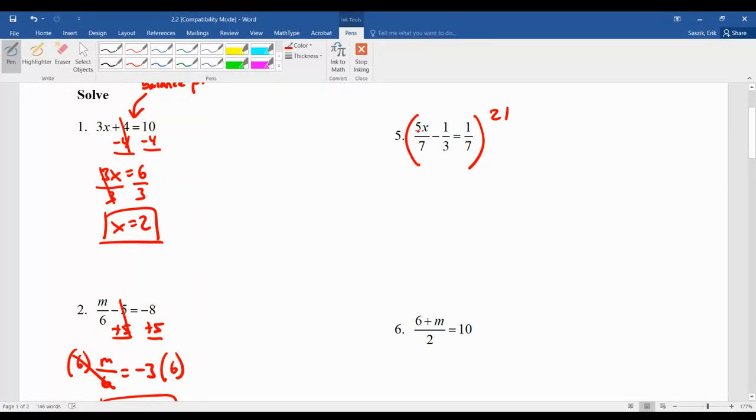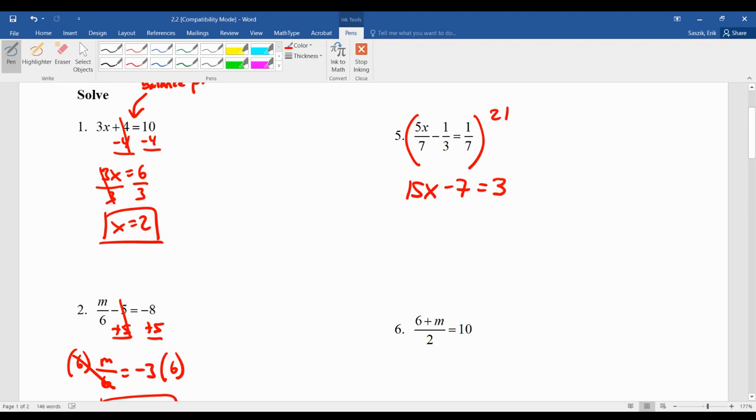And 3 times 5x is 15x. 21 divided by 3 is 7. 7 times 1 is 7. Don't forget to do this too. 21 divided by 7 is 3. 3 times 1 is 3.